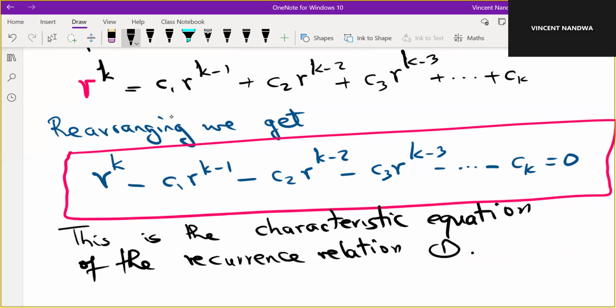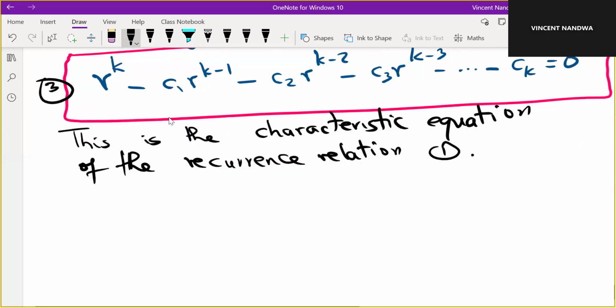Maybe call this one 3. When you solve this characteristic equation, then we get the solution of the recurrence relation.